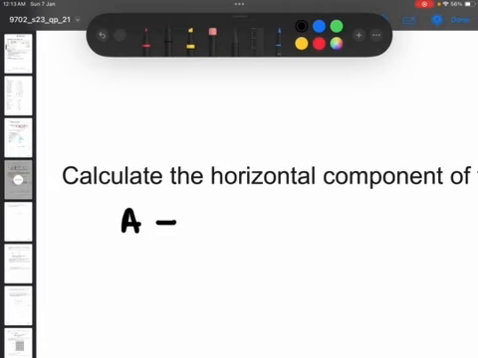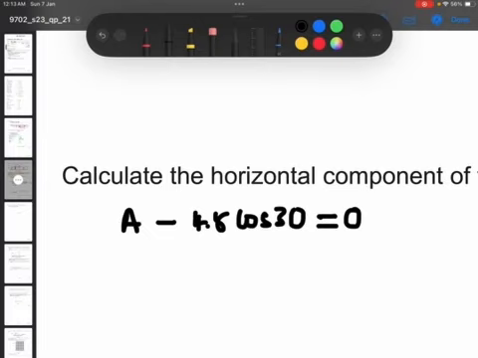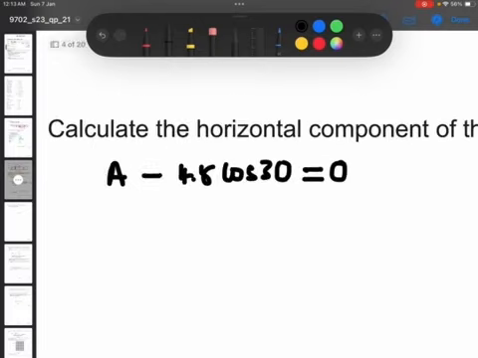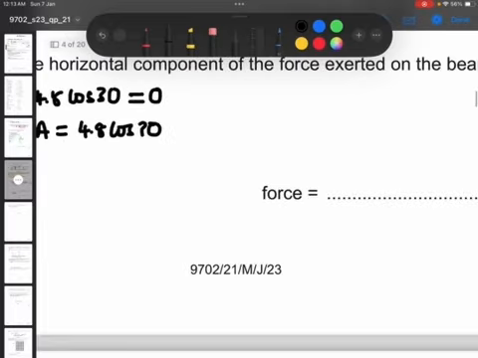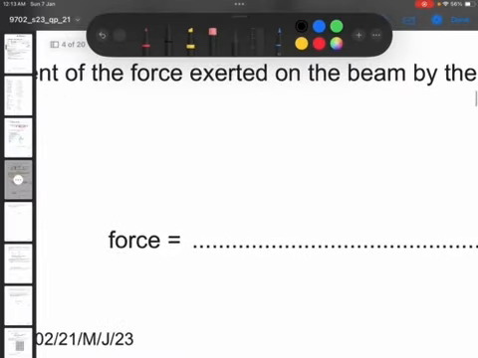Let's just say that force is 4.8 cos that. If we subtract these two, we should get 0. Why? Because the beam is in equilibrium, so the resultant force horizontally is also 0. So A, therefore, will be equal to 4.8 cos that, which will give us 4.2 newtons.